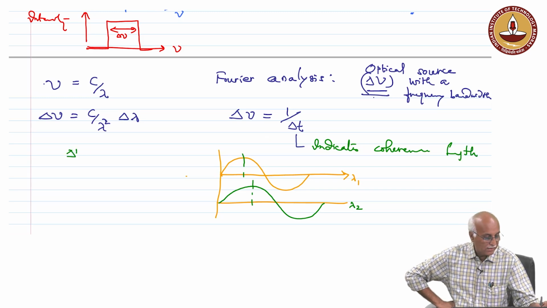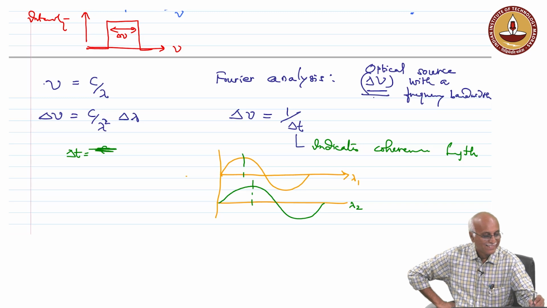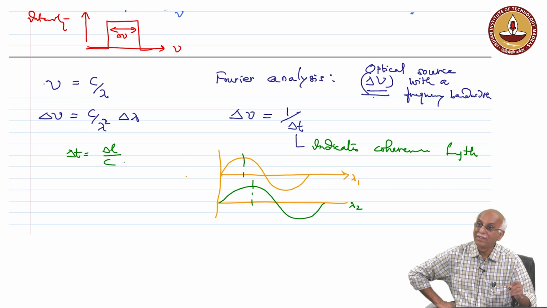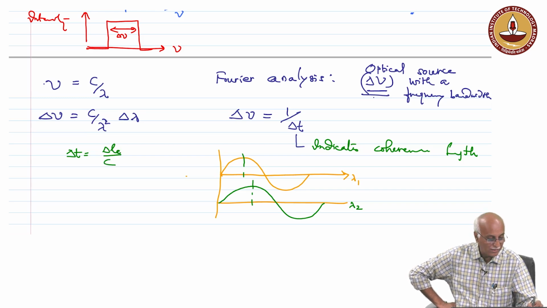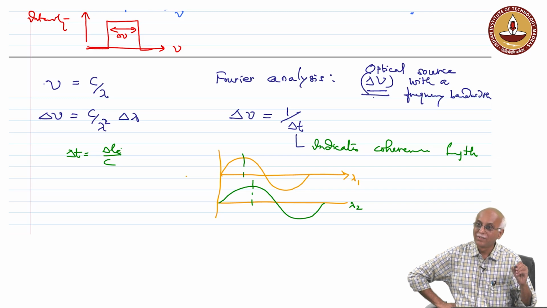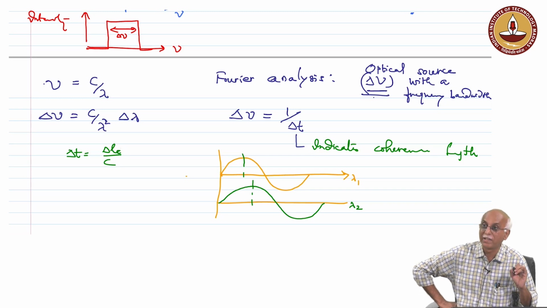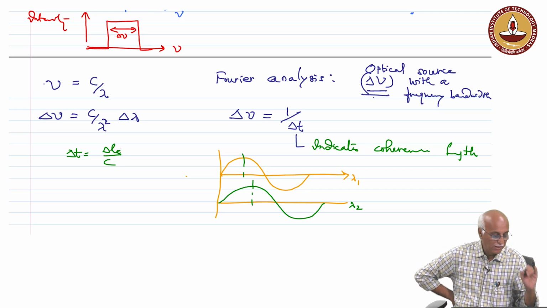So, right, what is delta t? Delta t is equal to delta L by C, isn't it, small distance change, and this delta L is nothing but coherence length, okay, approximately. Are you clear, approximately coherence length.